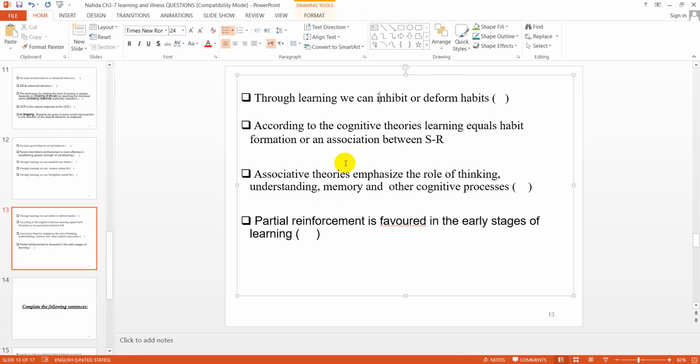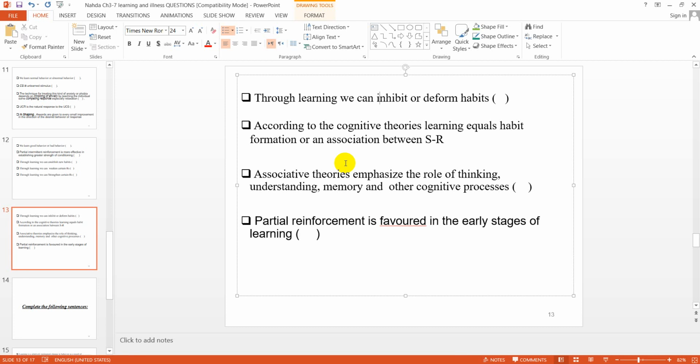According to the cognitive theories, learning equals habit formation or an association between stimulus and response.